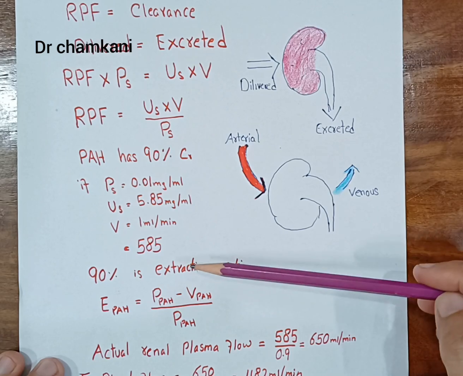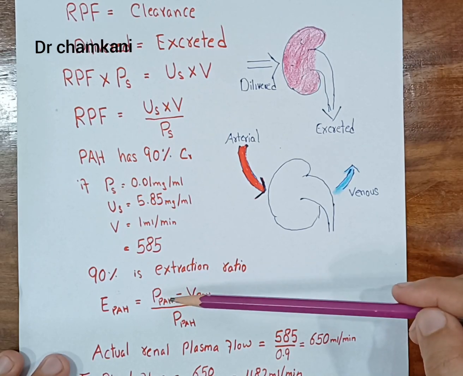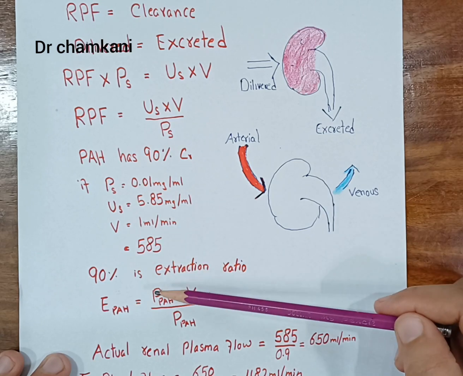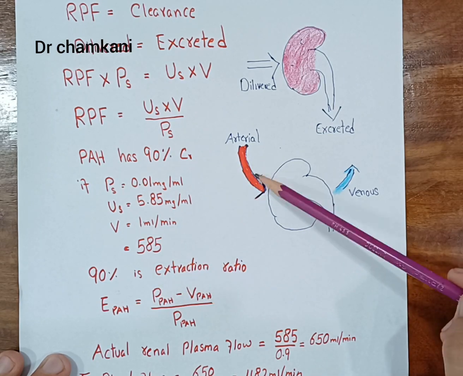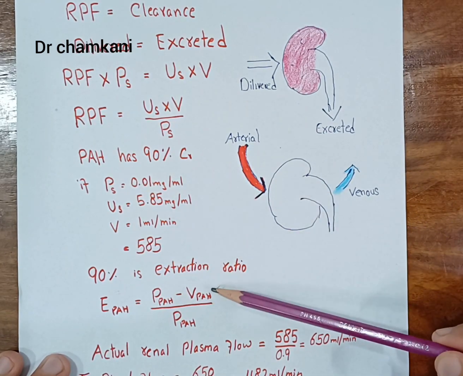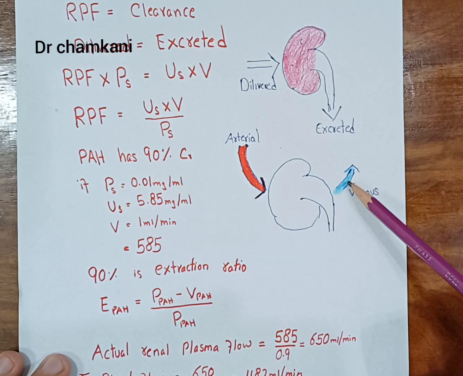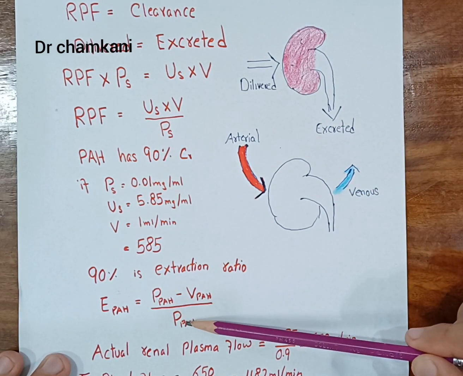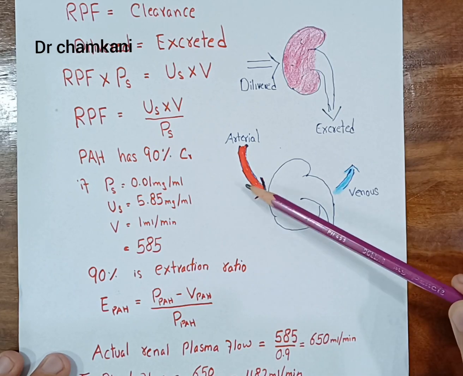To calculate the extraction ratio, we take the para-aminohippuric acid concentration in the arterial blood that is being supplied to the kidney, and the concentration in the venous blood that goes out, and then we divide by the amount of para-aminohippuric acid in the arterial blood.